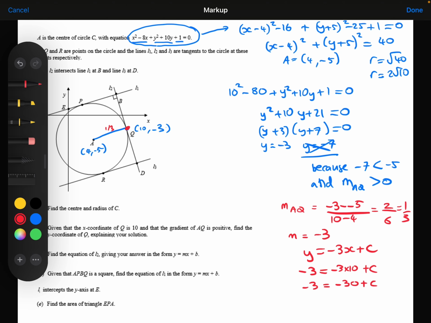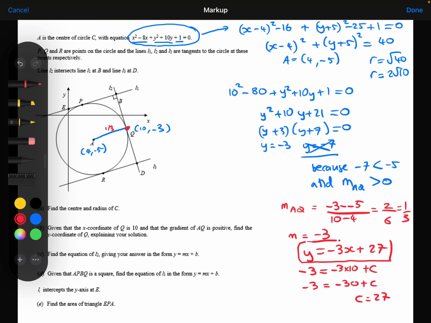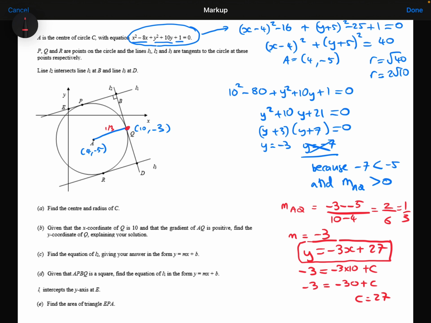So C is going to be 27. So therefore, I've got the equation of my straight line, which is like that. And that's the answer to part C of this question.